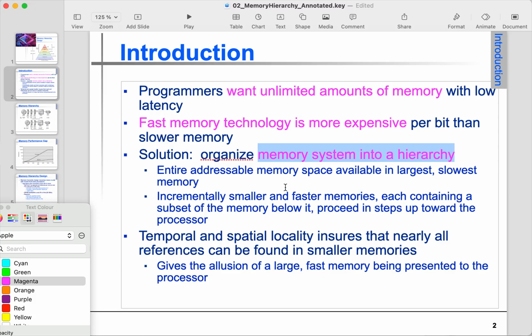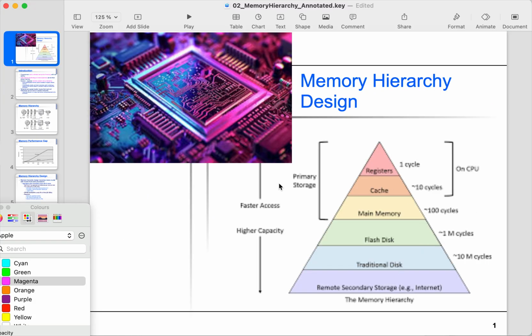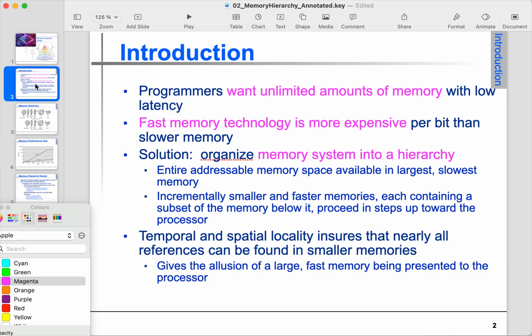By placing the memory into such a hierarchy, we could create what is called a virtual memory, to where the communication from registers to cache to RAM to disk would be seamless, or it will look like it is all one memory space.